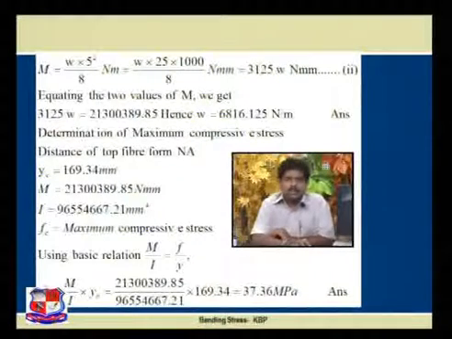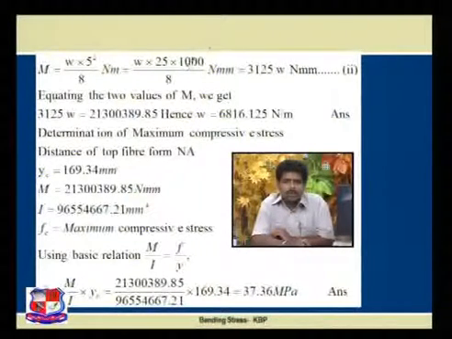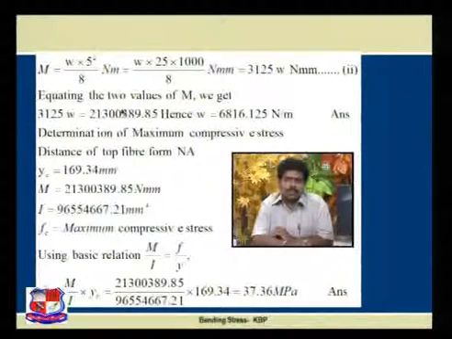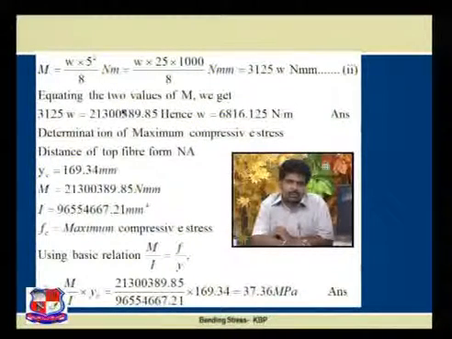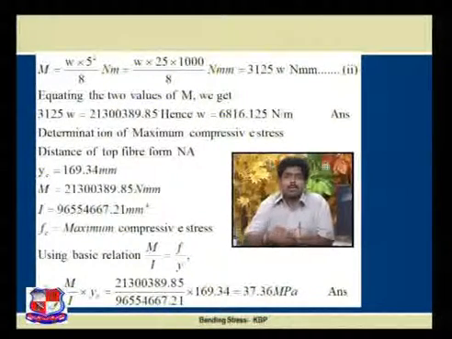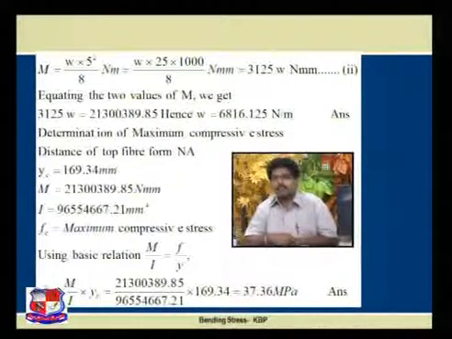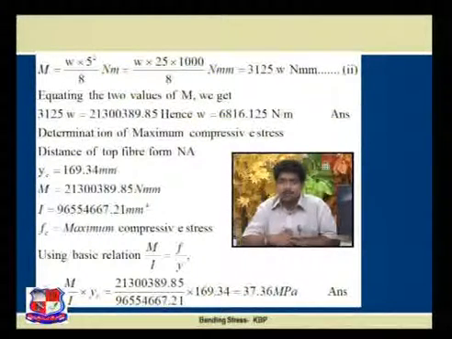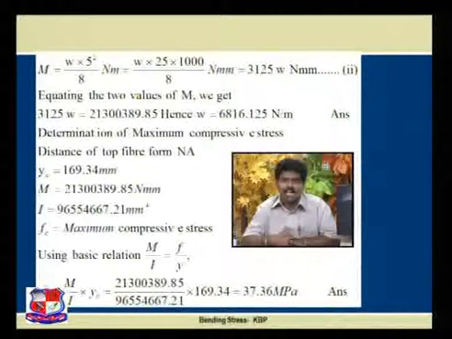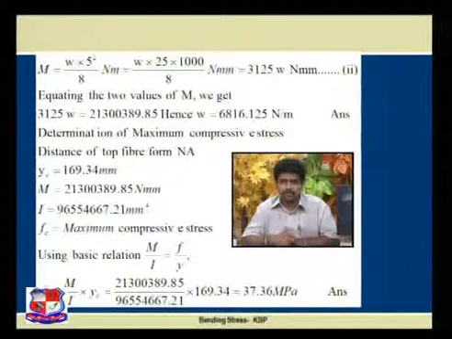Now, once we have found the value of W, the next step is to find the maximum compressive stress that is developed. In the simply supported beam, the bottom fibers are subjected to tensile stresses while the top fibers are subjected to compressive stresses due to the sagging nature of the bending moment.